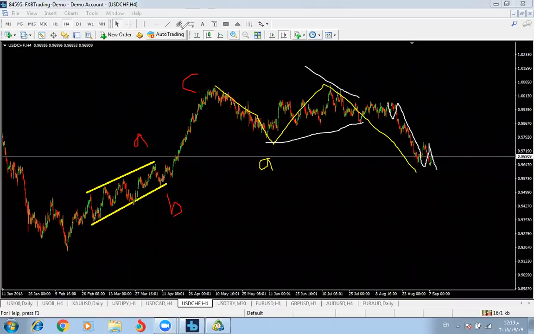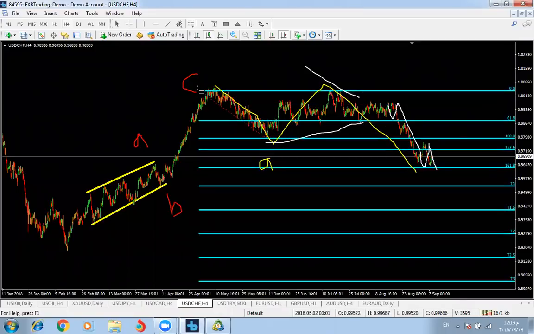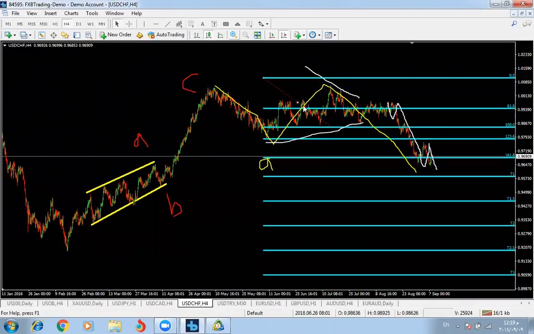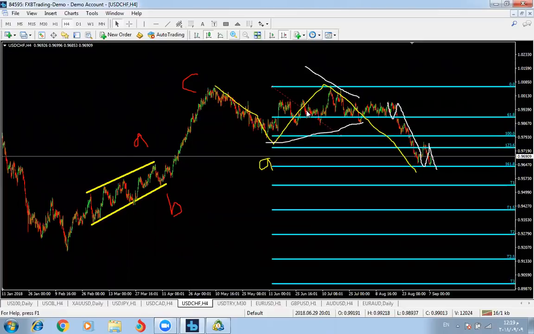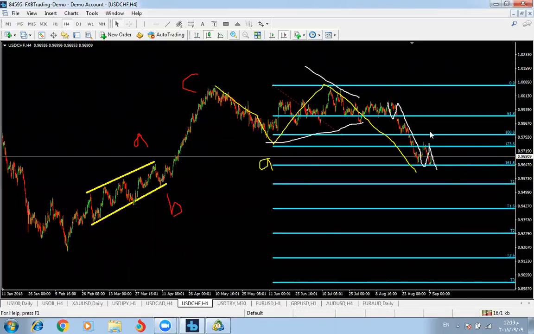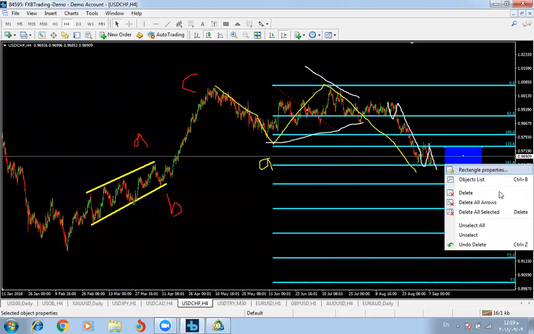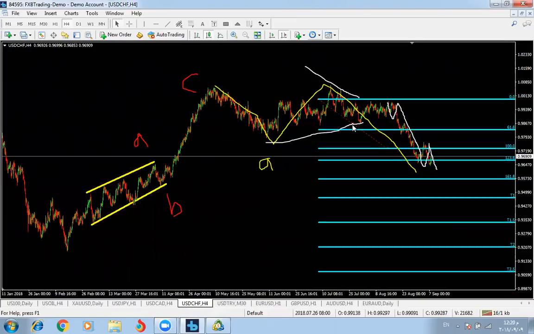Let's go back to wave equality. This is wave A, and in relation to wave C, our blue box and reversal zone should be, sorry, I'm mistaken again, from this area.